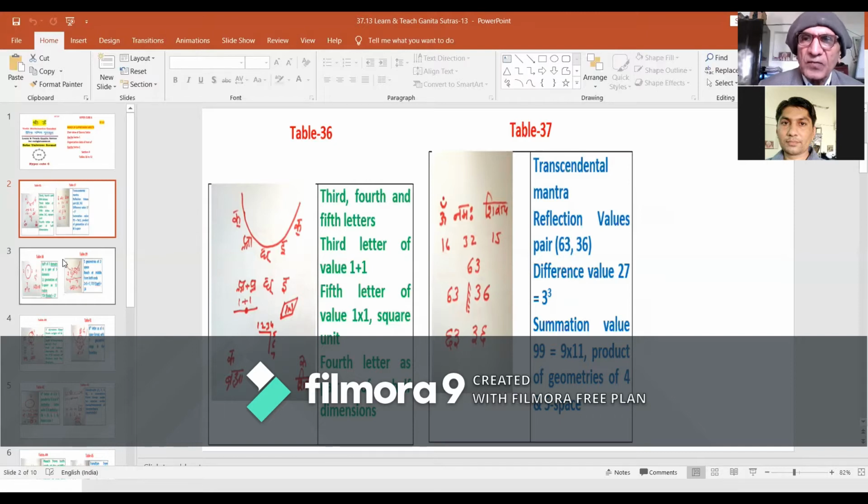The third, fourth, and fifth letters, with the fourth letter as the middle letter, are a point of focus. The third letter, elongated O, is of value 1 plus 1 is equal to 2. The fourth letter Dha is of value 7, and the fifth letter E, as the second vowel, is of value 2. So in one way, it comes to be 2, 7, and 2 as a triple.